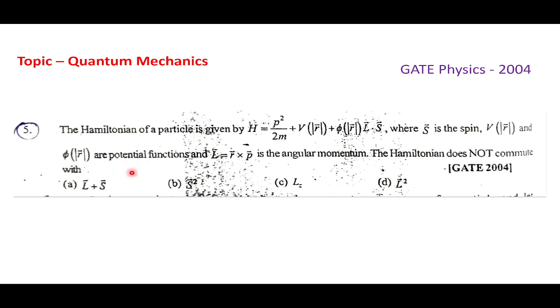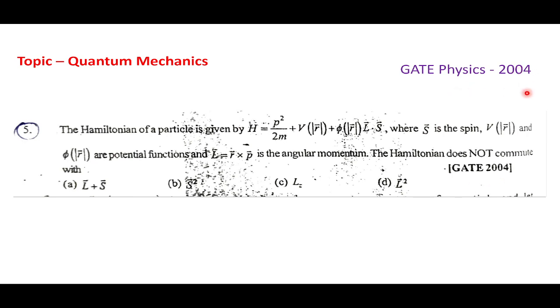V(r) and phi(r) are potential functions. The Hamiltonian does not commute with, four options are given: A is L plus S, B is S square, C is Lz, D is L square.